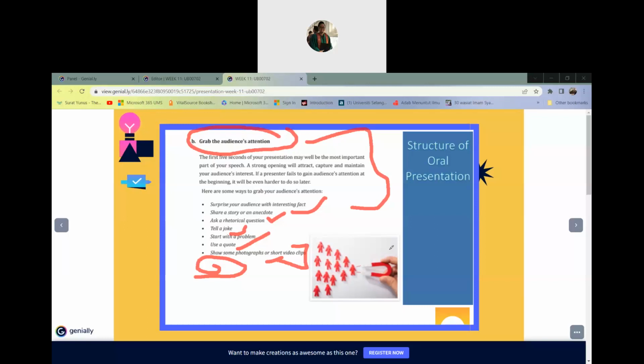For example, if it's a tentative, then you show the comparison of the tentatives. It's like telling the audience to look at two different pictures: this is tentative one, this is tentative two, the latest one. Then you explain. So you can grab the audience's attention based on that.